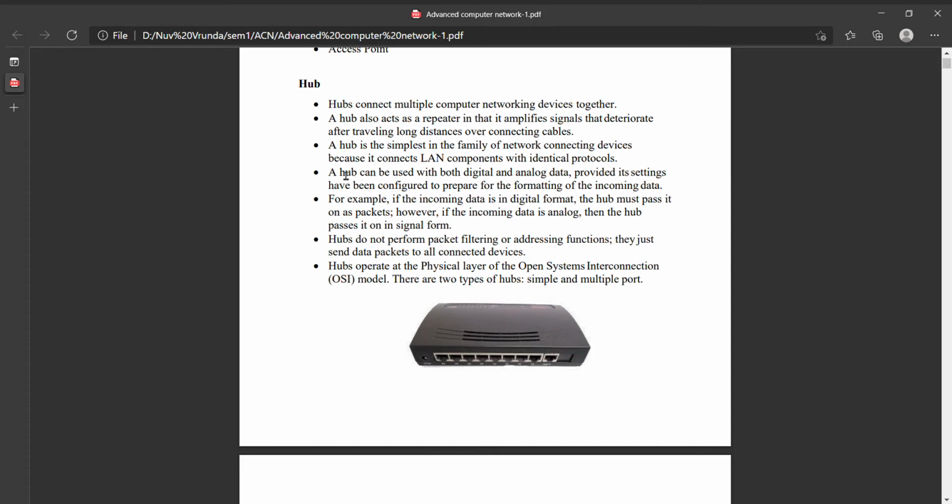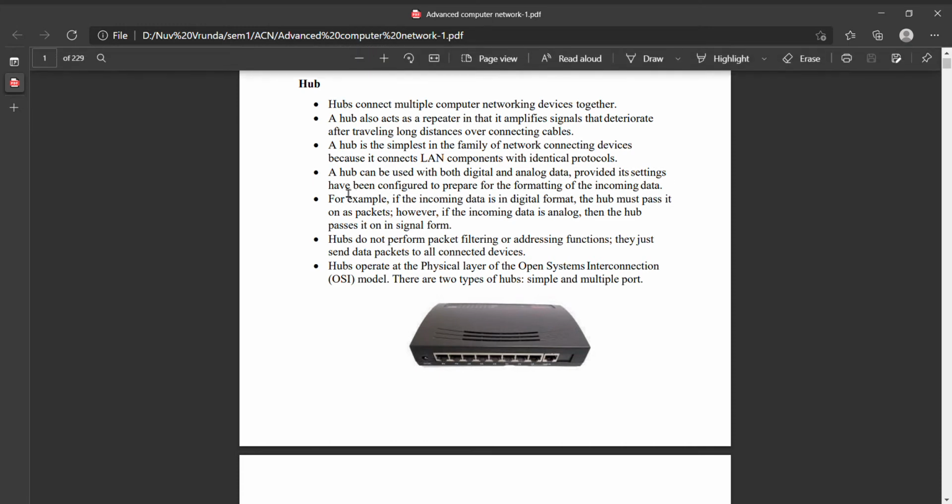Okay, a hub can be used with both digital and analog data, provided its settings have been configured to prepare for the formatting of incoming data. For example, if the incoming data is in digital format, then the hub must pass it on as a packet.